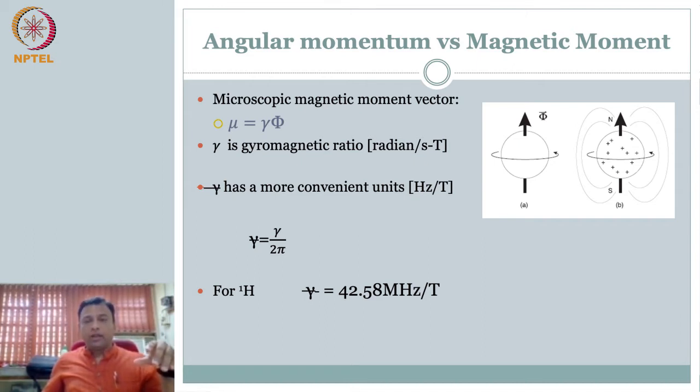But you notice for hydrogen, the material property, the gyromagnetic ratio, is 42.58 megahertz per Tesla. What this means is, if I put you in a 1 Tesla scanner, the hydrogen nuclei in your body have a frequency, converted to natural hertz, of 42.58 megahertz.